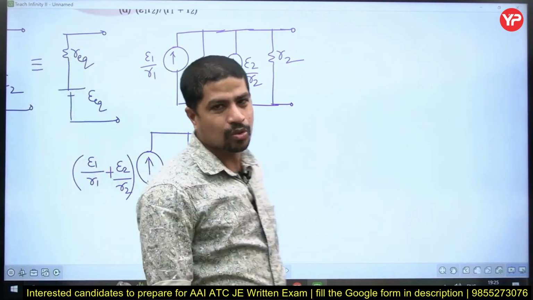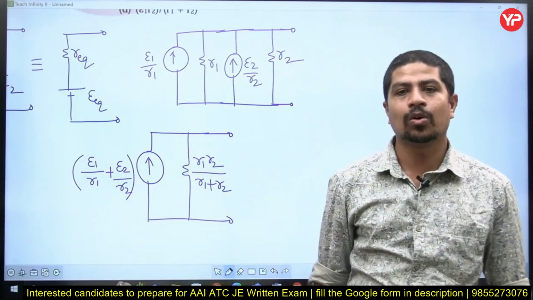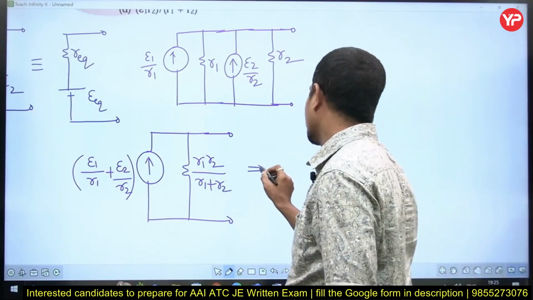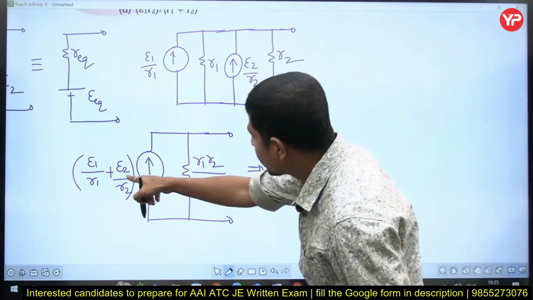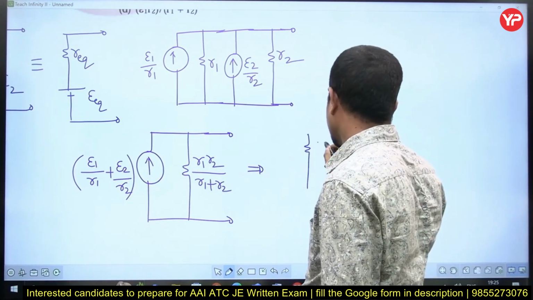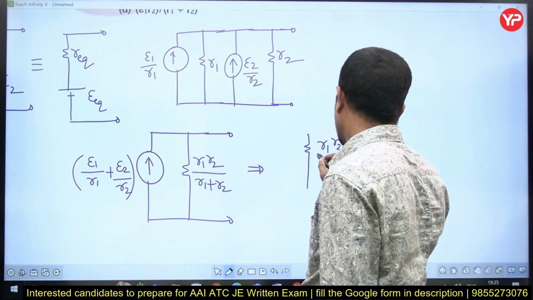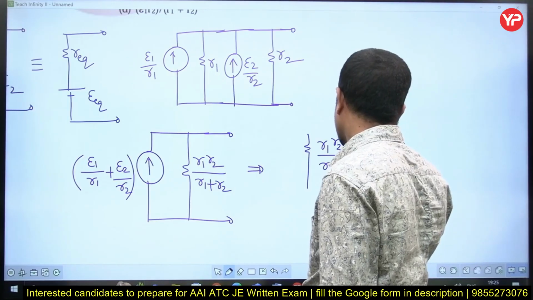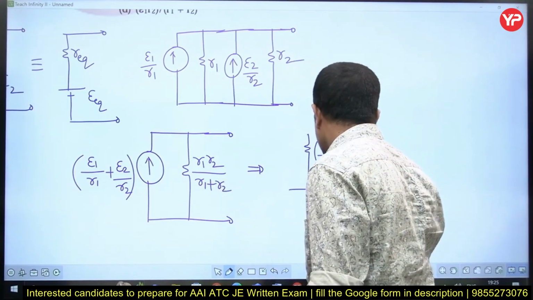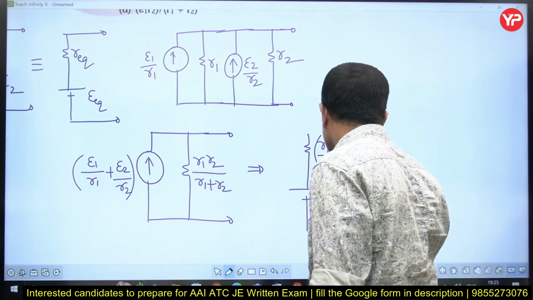Now a current source in parallel with resistance will be converted to a voltage source in series with resistance. Now multiply this current with this resistance, you get the voltage. This is the resistance, R1 R2 by R1 plus R2. This is plus, this is minus.